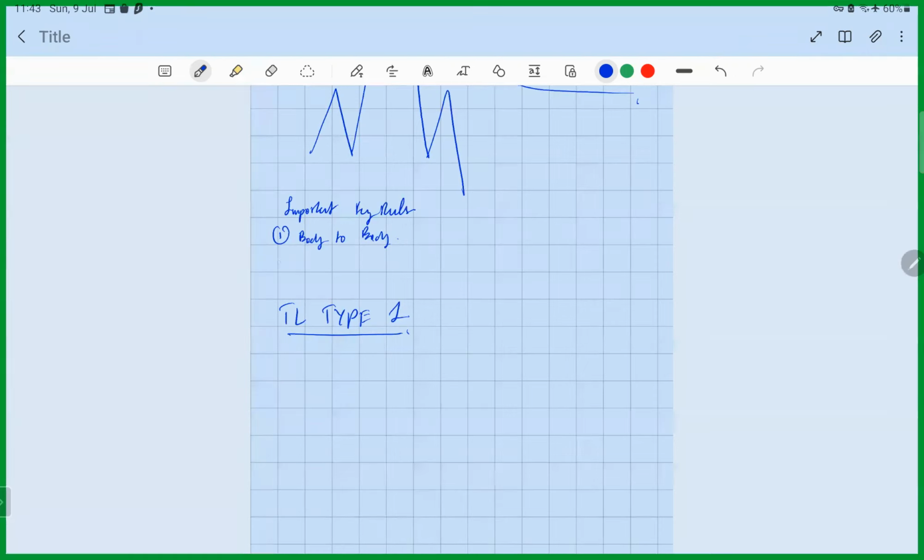Number two, trend lines can only be pulled at Classic, BO, HNS, and BHNS. No gaps at all.